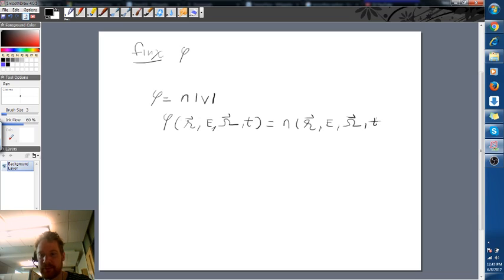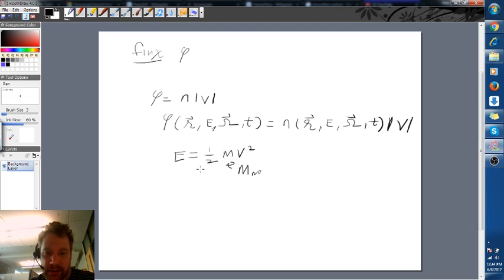It takes forever to write. Times the magnitude of the velocity. And the velocity for a neutron is related to the energy via the relationship E, of course, equals 1/2 mv squared, where m here is the mass of the neutron.